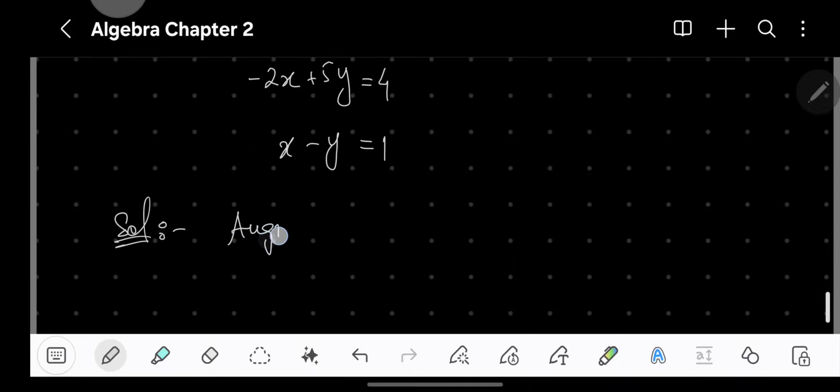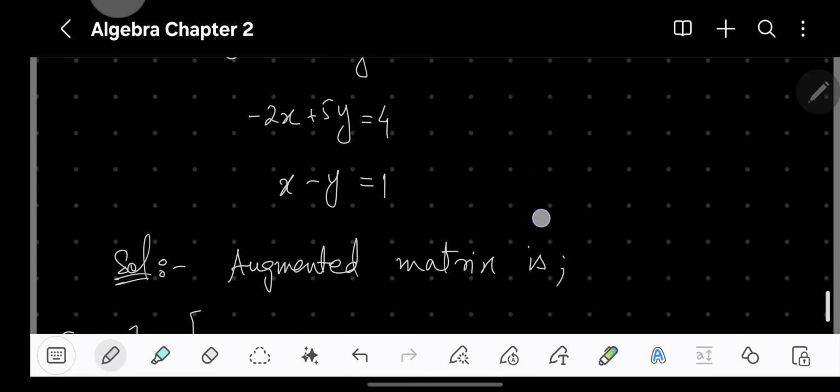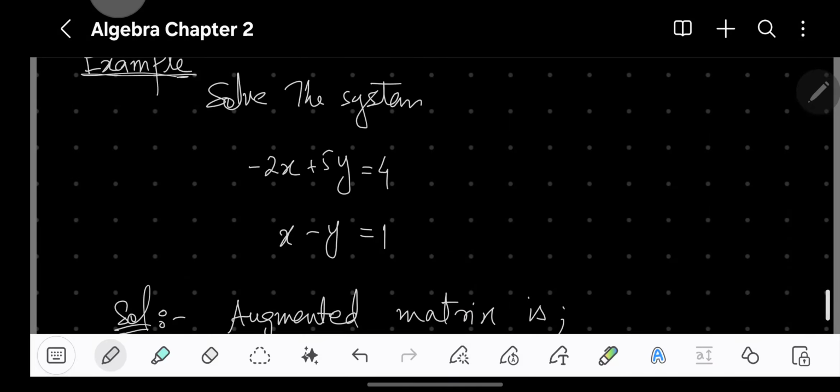The augmented matrix is, so in order to write the augmented matrix, I will write A line B, A and B. So A is the coefficient matrix. So what are the coefficients of x and y? Here the coefficient of x is -2, the coefficient of y is 5.